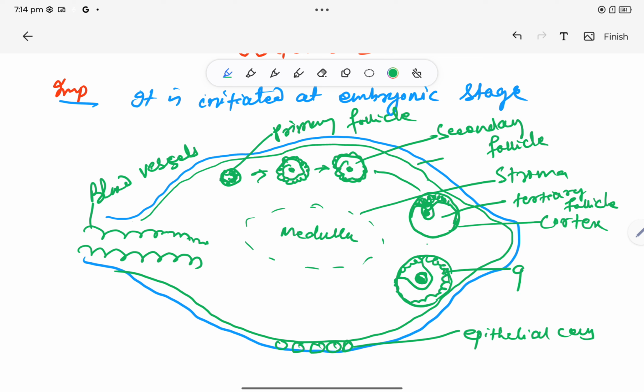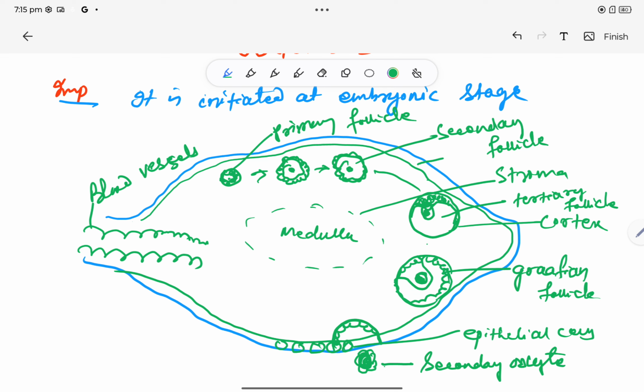Then you will see a stage where the Graafian follicle is ruptured and the ovum is released. This is called ovulation. So this ovum is released in the stage of secondary oocyte.